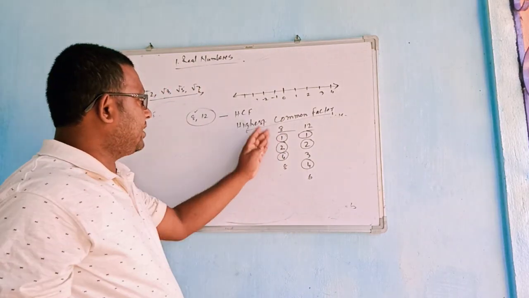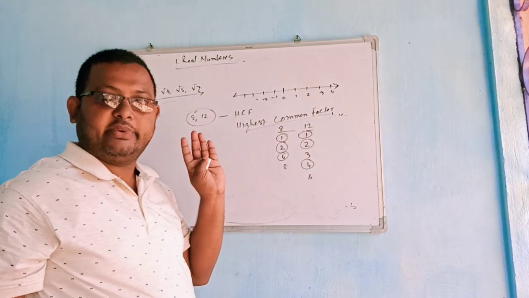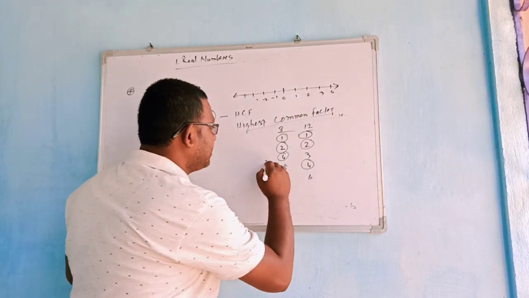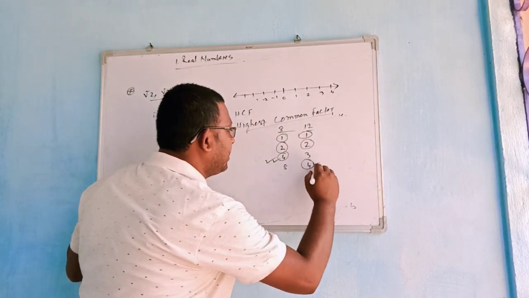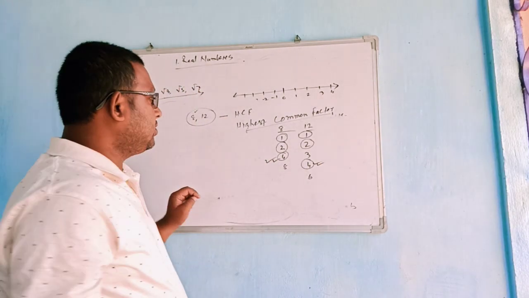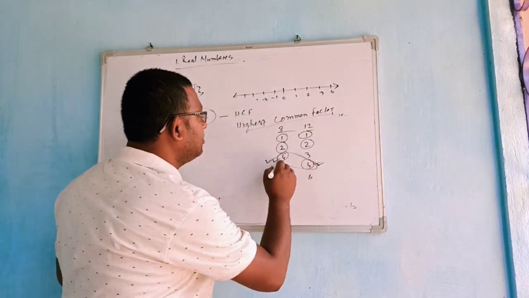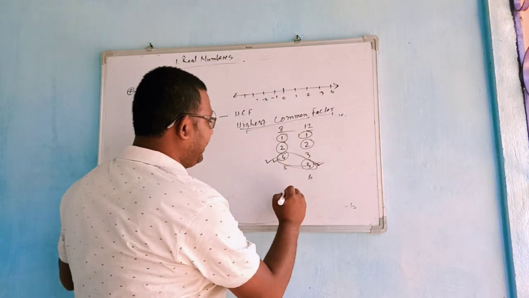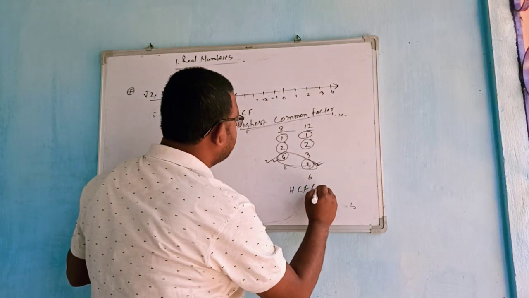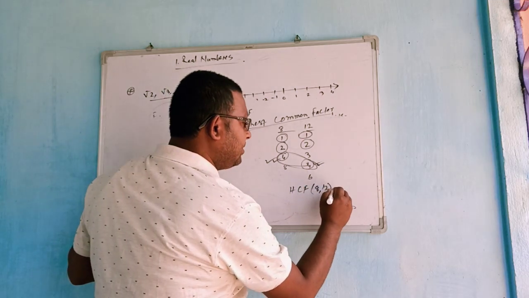Out of these common factors, which one is the highest? 4. So we can conclude that the highest common factor, the HCF of 8 and 12, is 4.